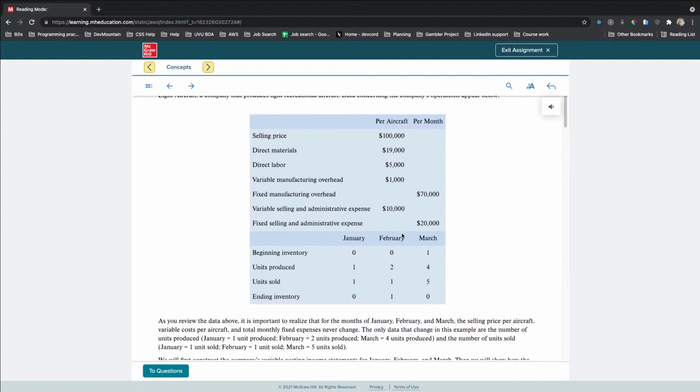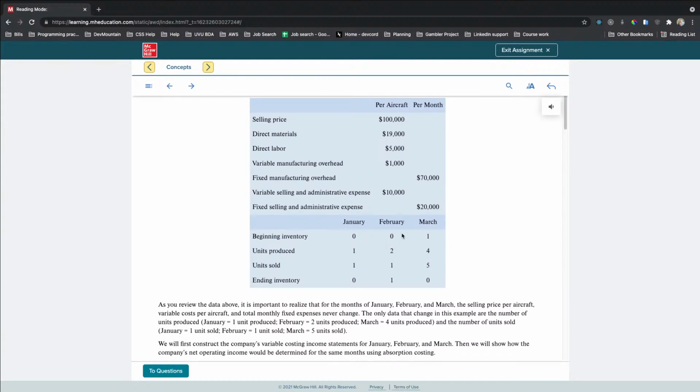Nope. So we have 65,000. We're going to be in the negatives when I add these fixed costs. But these are per aircraft, so we make about 65,000 per aircraft. If we only sell one per month, we are going to be in the negative.